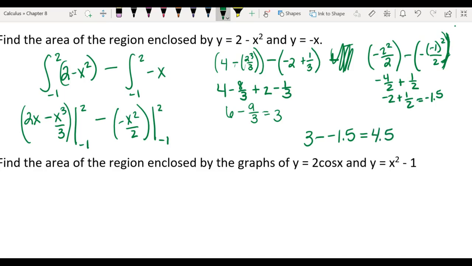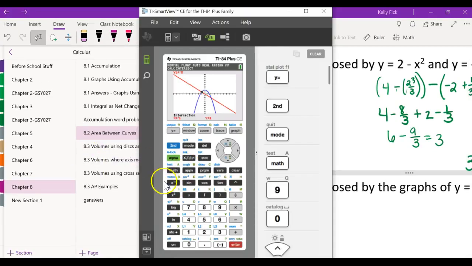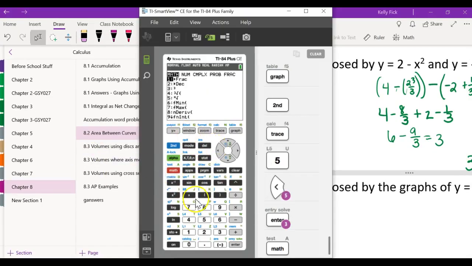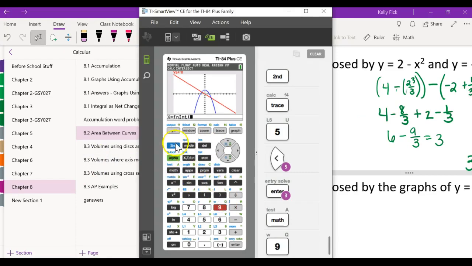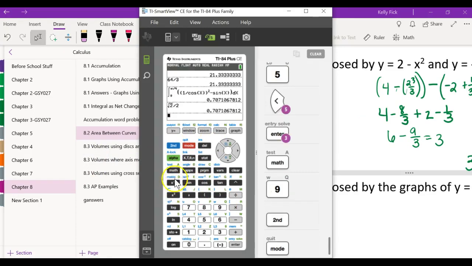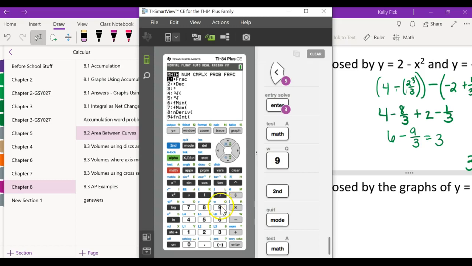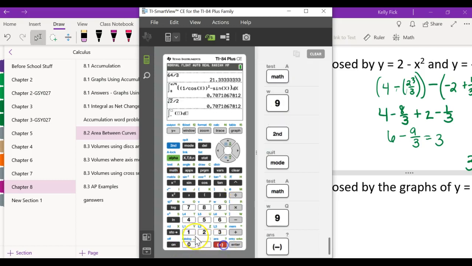This is an example of one where I think just plugging it into the calculator might be the easier way. So if we plug that into our calculator, we would get, let's see, math, int. Here we go, math, int from -1 to 2, we said, correct?